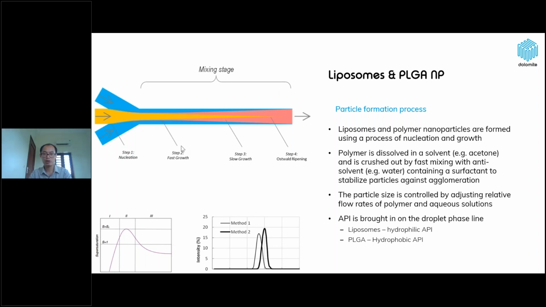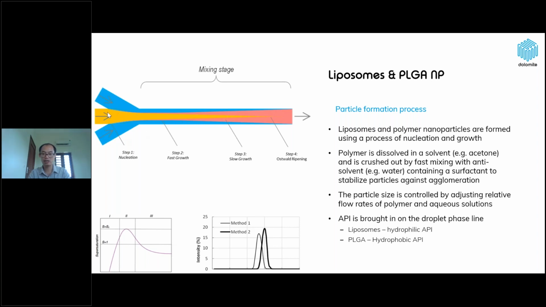Then we have the mixing step. In the mixing step we have different stages for nucleation, growth and also shaping of the nanoparticles. The particle size in this case is controlled by just adjusting the relative flow rates of the polymer and aqueous solution. For the encapsulation process, the API or drug can be brought in on the droplet phase.